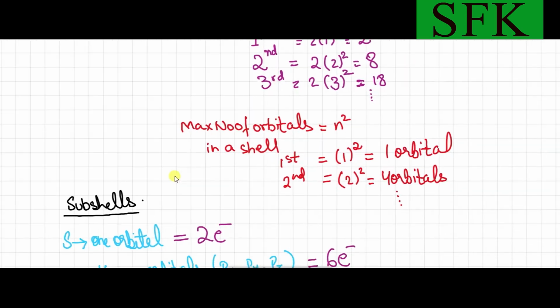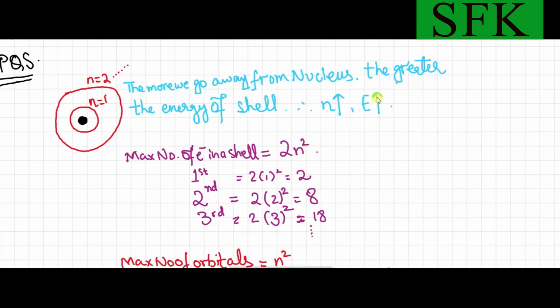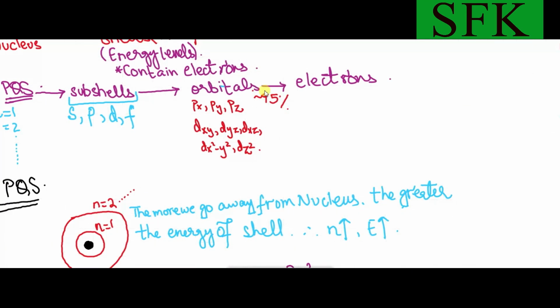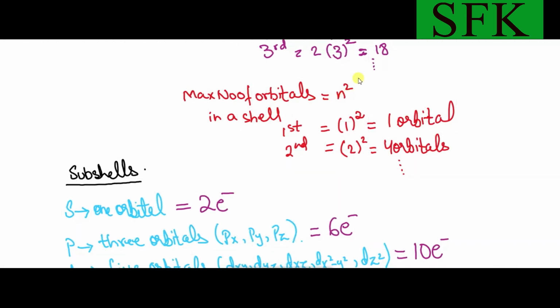Okay, now let's look at the next formula, the maximum number of orbitals. The orbitals, which we've just discussed above, the region where the probability of finding an electron is greatest. Now, how to find the number of orbitals present in a shell?